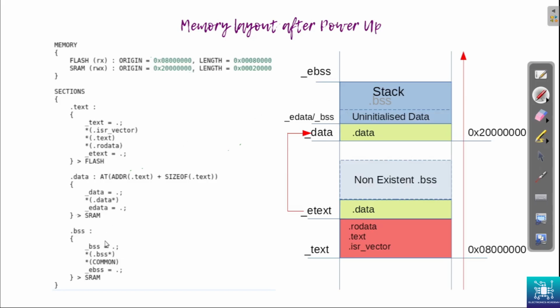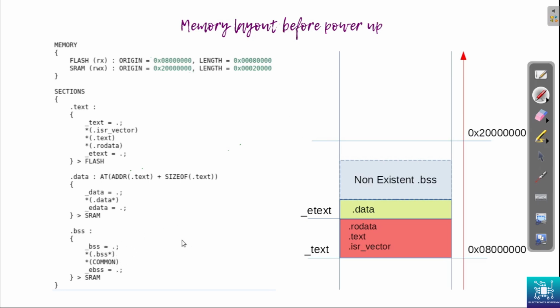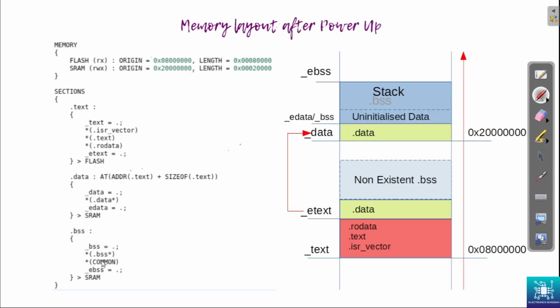And then this BSS section, whatever was the VMA of the BSS section, the size of the BSS section is of course EBSS minus BSS. So from this area, you can see, I have put the name BSS Lite because there are a few things that go in here.